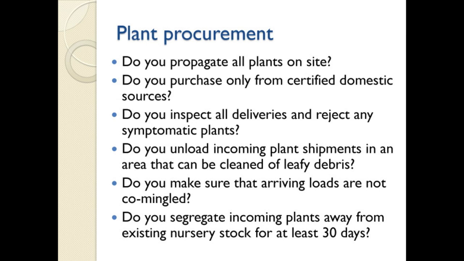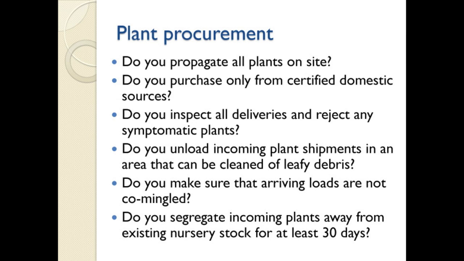Do you inspect all deliveries and reject any symptomatic plants? Do you unload your incoming plants in an area that can be cleaned of any leafy debris that might have fallen off during transit? In the case of boxwood blight or box blight, contaminated leaves would be a source of the disease for healthy plants.